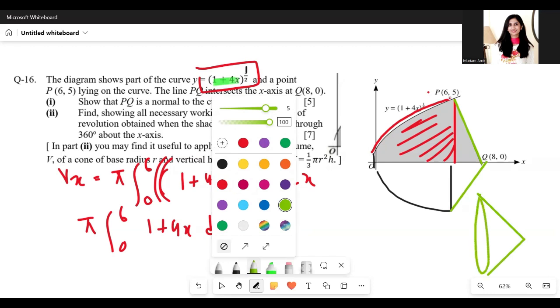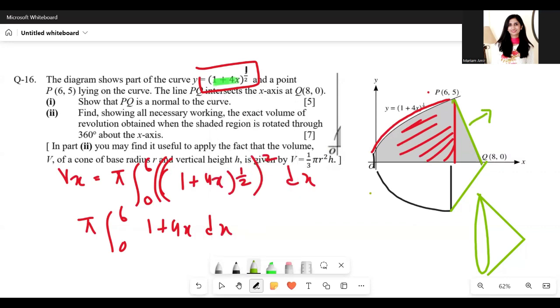So instead of finding the equation of PQ and integrating it between 6 and 8, I'm going to use the formula for the volume of a cone.